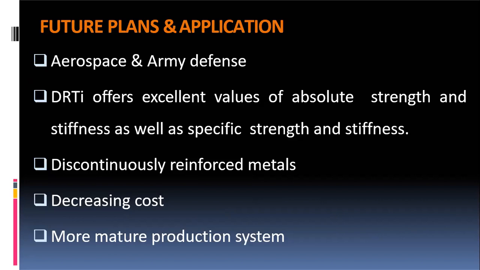With this more mature production system, we can obtain higher values of metal matrix composites at very low cost. So these are the different future plans and applications of the metal matrix composite.